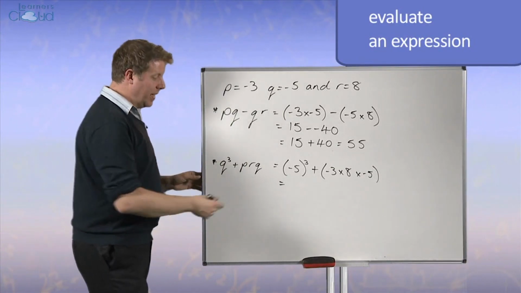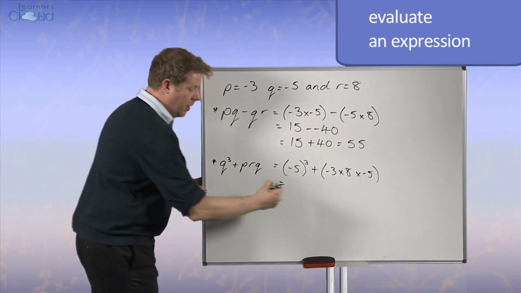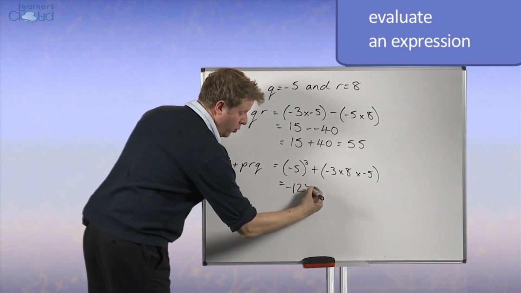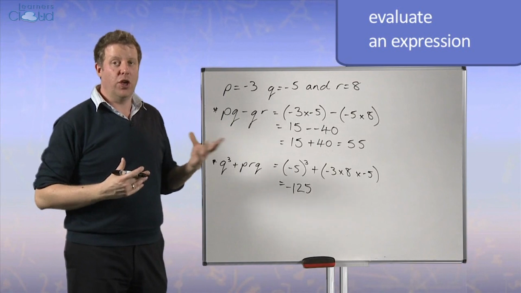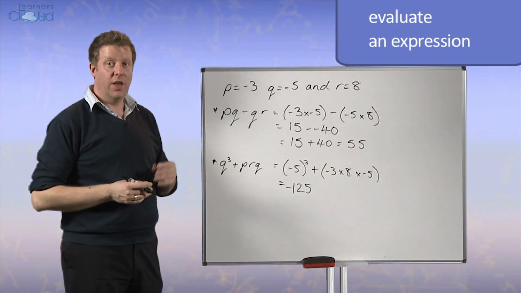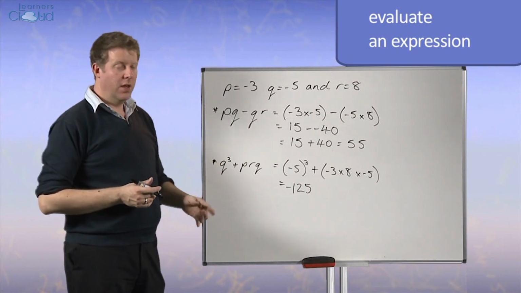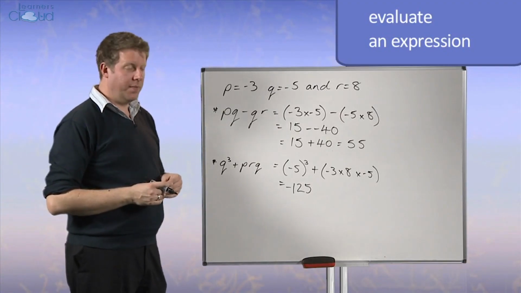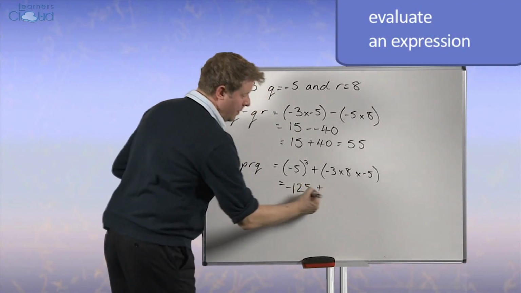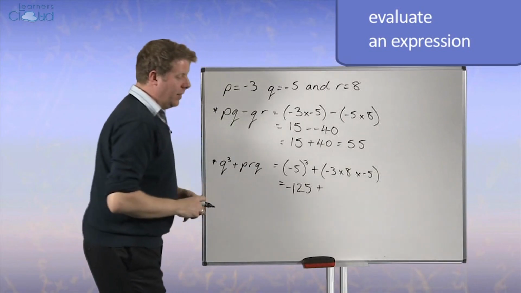Right, carrying on with this then, so minus 5 cubed. Remember, when we cube a negative number, our answer is negative. So as 5 cubed would be 125, 5 times 5 times 5, minus 5 cubed is minus 125. And then we're going to add to that whatever this works out as.